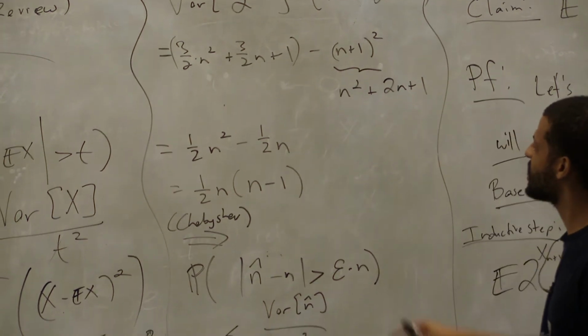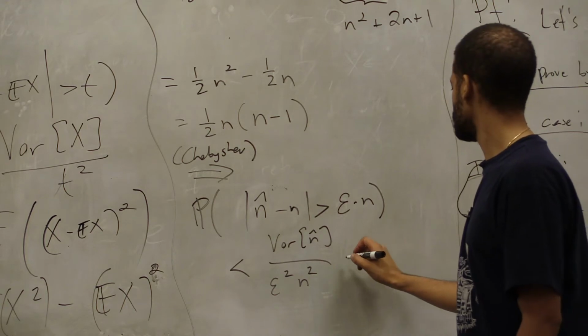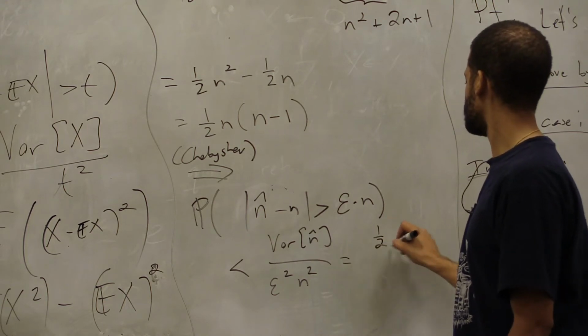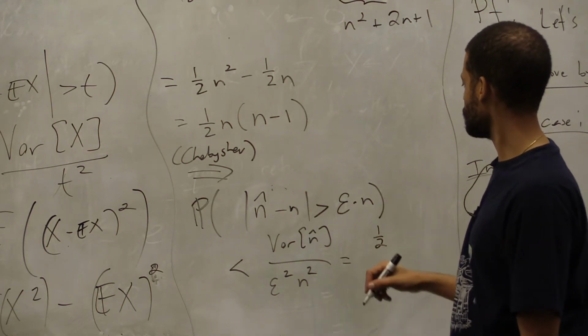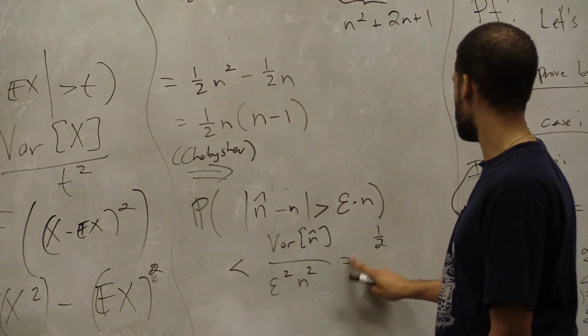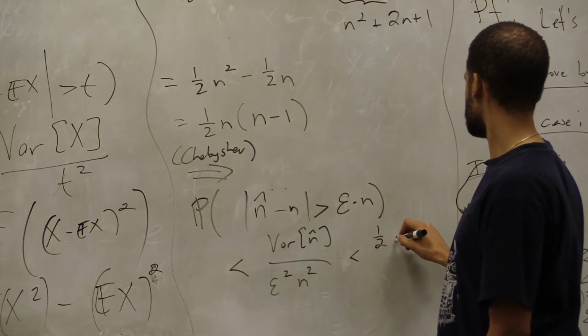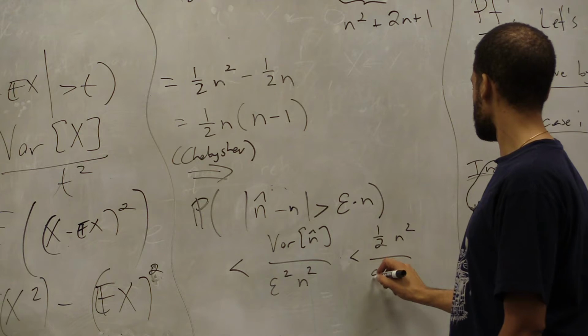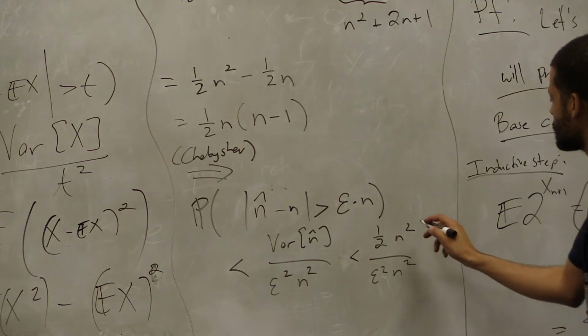And the variance we said over here is less than 1/2 n squared, over epsilon squared n squared. So the n squareds cancel.